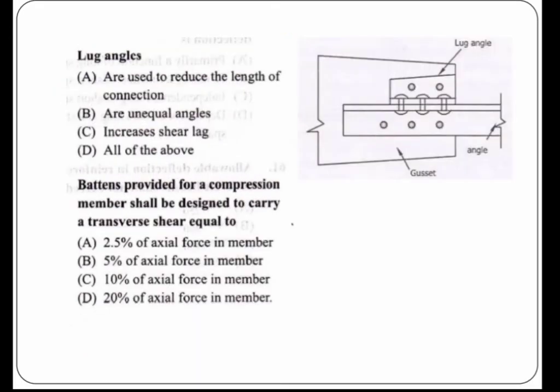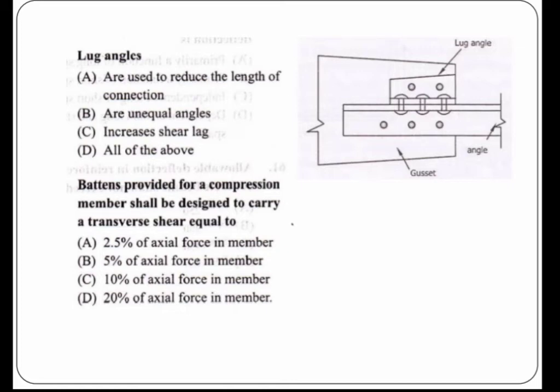Lag angles are used to reduce the length of connection, or unequal angles increase shear lag, or all of the above. As you can see in the right hand diagram, what is a lag angle in a gusset plate? A lag angle is a small piece of angle used to connect outstand legs of the member to the gusset plate, as you can see in the diagram.